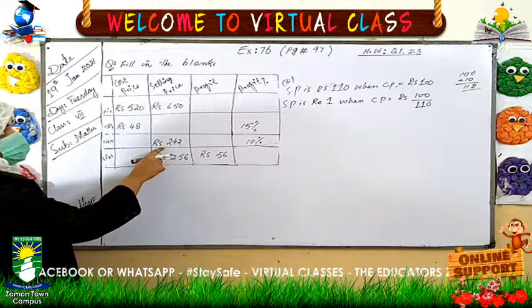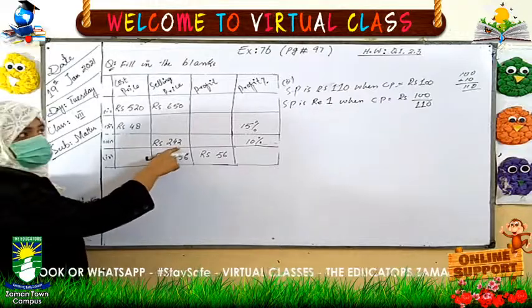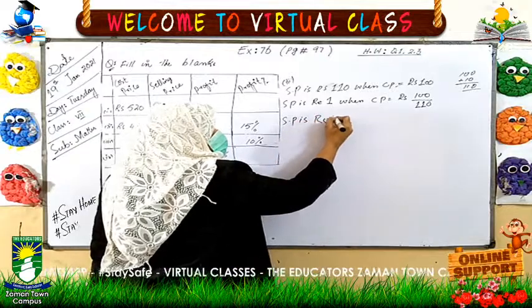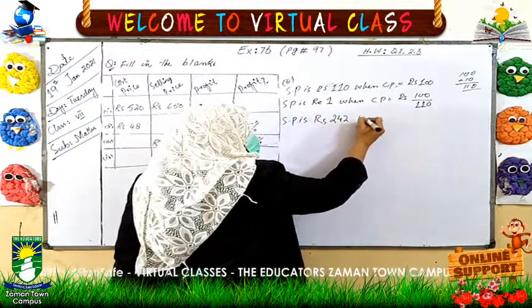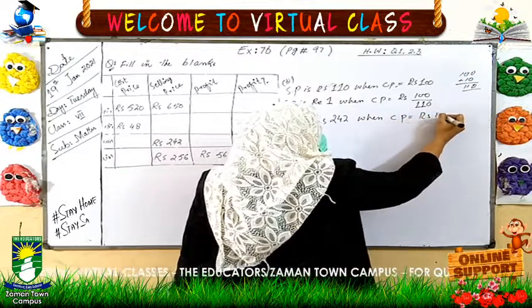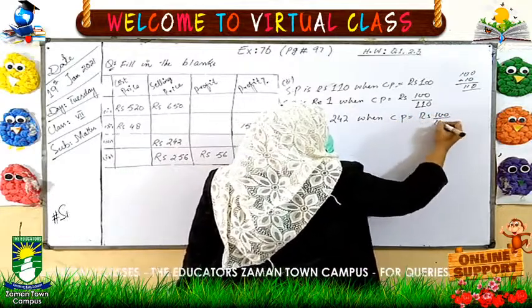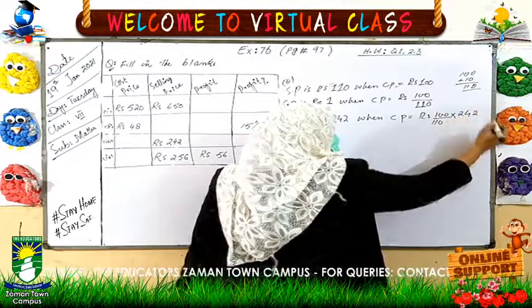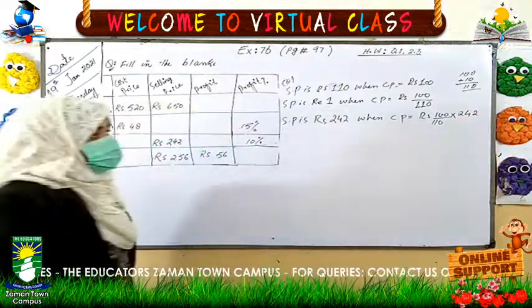Now, what is your selling price? 242. We will write here SP is rupees 242 when CP is equal to rupees 100 upon 110 into 242.